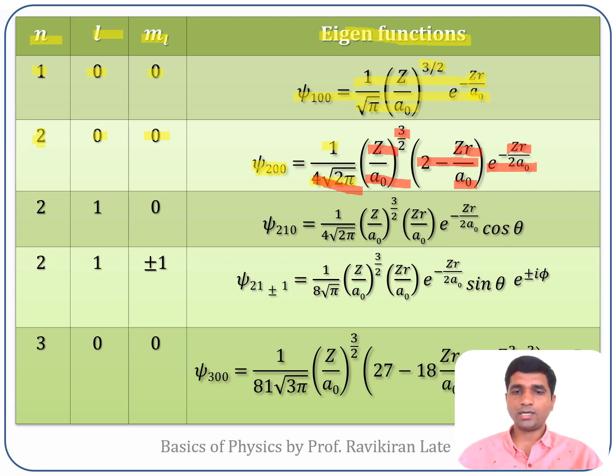Similarly, you can calculate the different wave functions in terms of various quantum numbers. For example, for n equal to 2, you will have L equal to 1 and ML equal to 0. So you will get these different wave functions based on the different values of n, L, ML: psi 210, psi 21 plus or minus 1, psi 300.